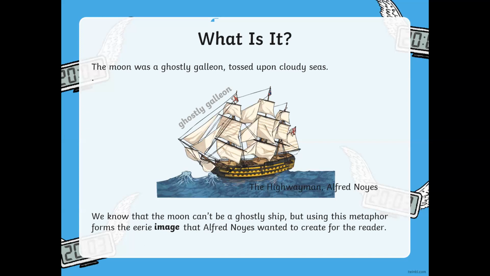And this is perfect imagery. The moon is being compared to a ship that moves up and down, just like how the waves toss the boat in similar fashion. The moon is figuratively being tossed upon by cloudy seas.